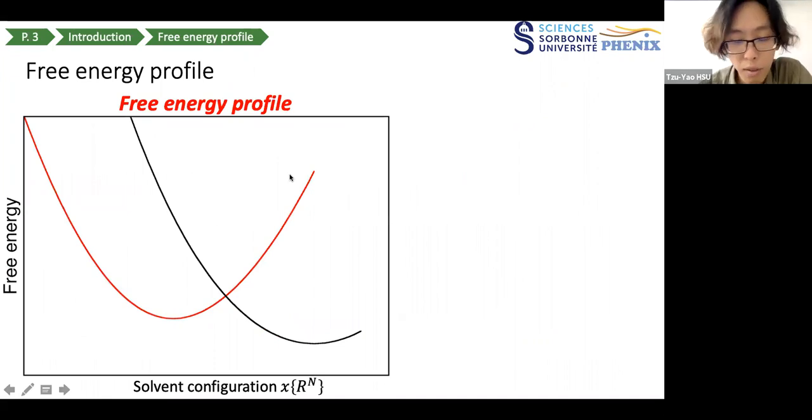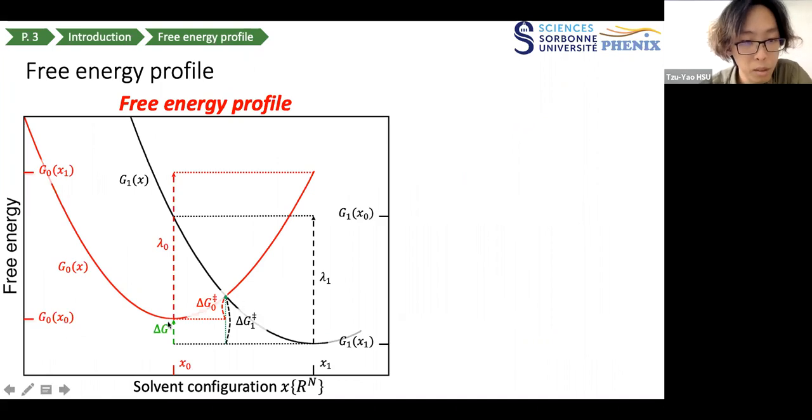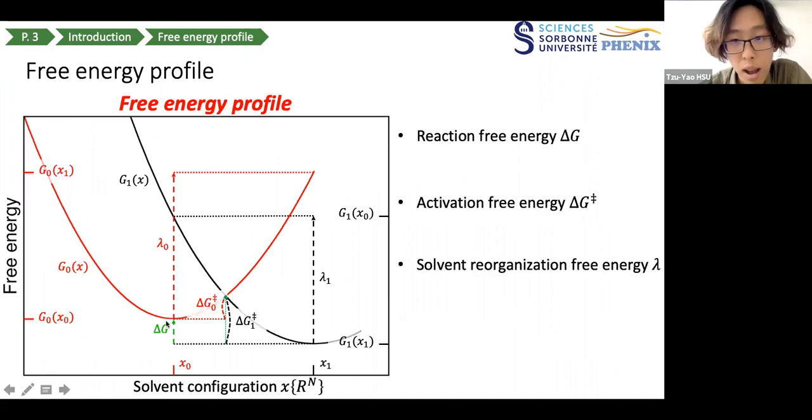From a free energy profile, we can define several important parameters. The reaction free energy, delta G, which is the free energy difference between two equilibrium solutions. The activation free energy is the reaction barrier.